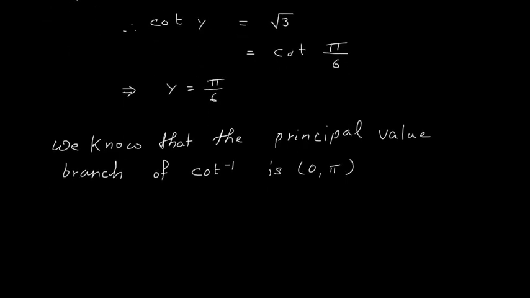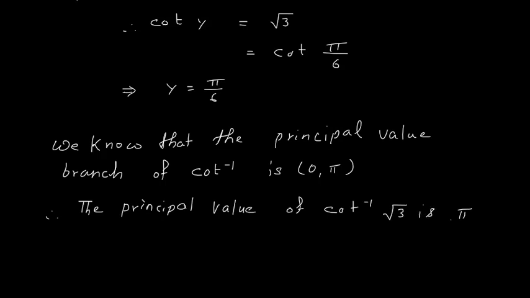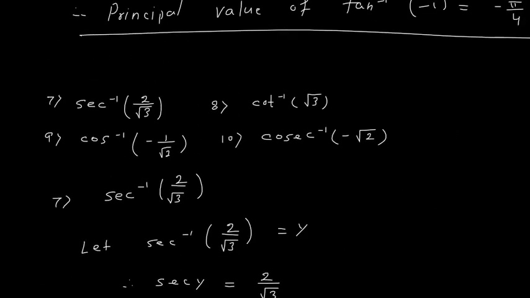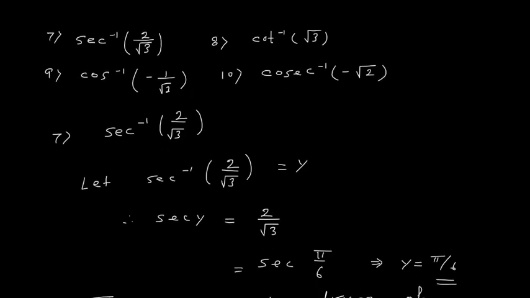Therefore we will say the principal value of this cot inverse root 3 is pi upon 6. This y value what we got, that is the principal value of cot inverse root 3. Now ninth problem is cos inverse minus 1 upon root 2.